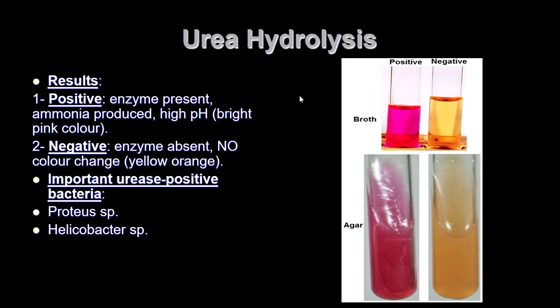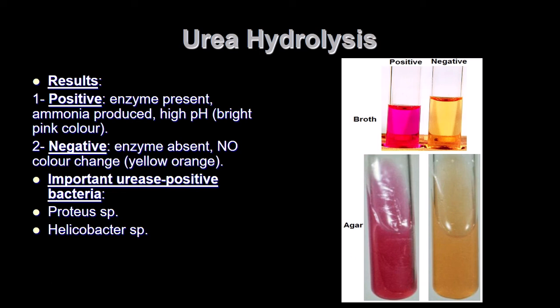So another important test is urease hydrolysis by the production of an enzyme, and this is extremely important to differentiate bacteria that produce the urease enzyme from ones that don't.